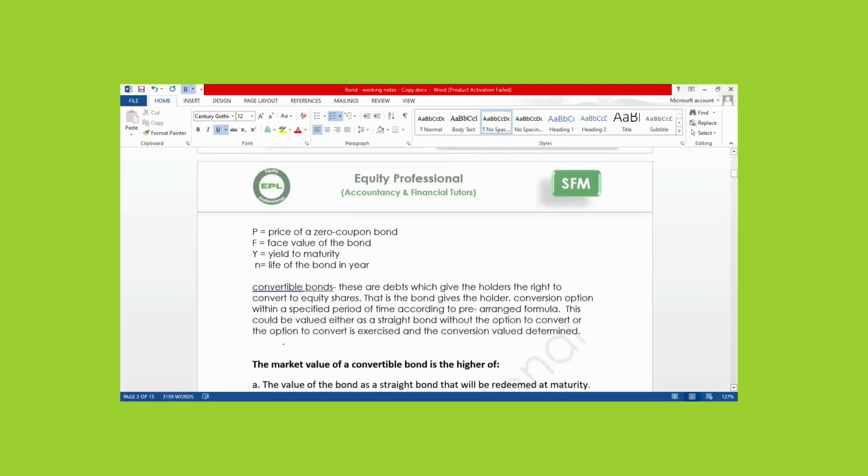Convertible bond. These are debt instruments that give the debt holders the right to convert the debt to equity shares.